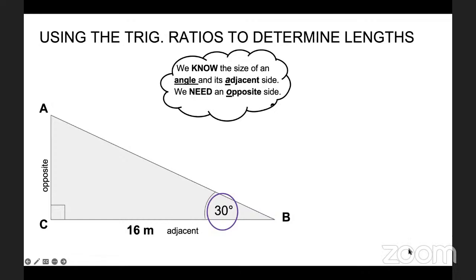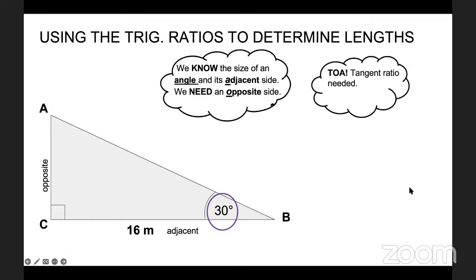So yes, the tangent would be the most applicable because you have the opposite and adjacent sides and you have an angle. Tan speaks to the opposite and adjacent side. Let us do that quickly.